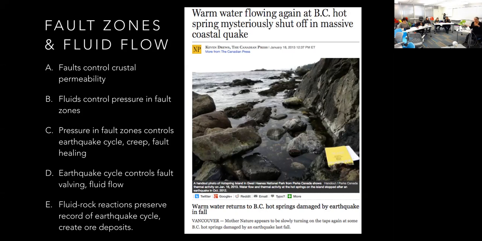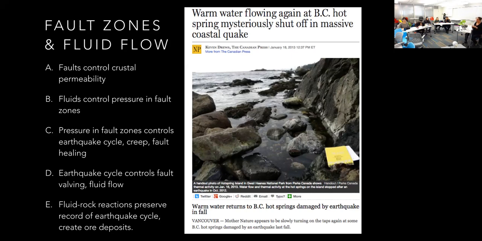In turn, as fluids are moving through the faults, whether they be sourced from surrounding formations, even gases coming up from the mantle, or if they're actually produced by faulting, which I'll talk more about later, those fluids control the pressure in fault zones.